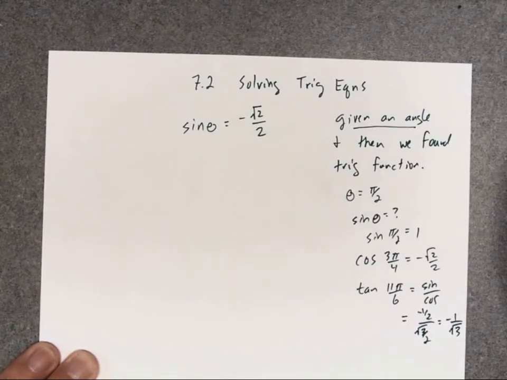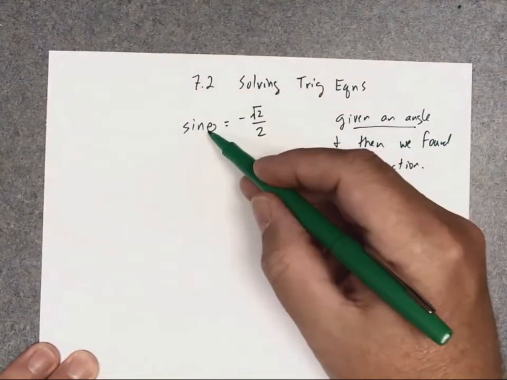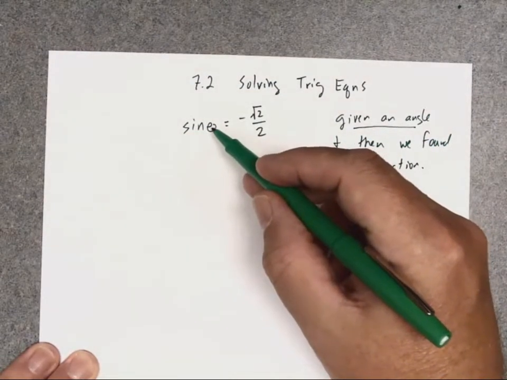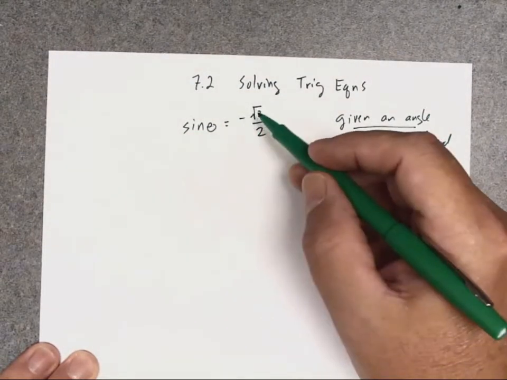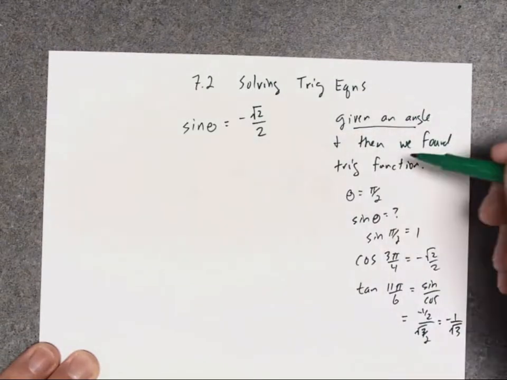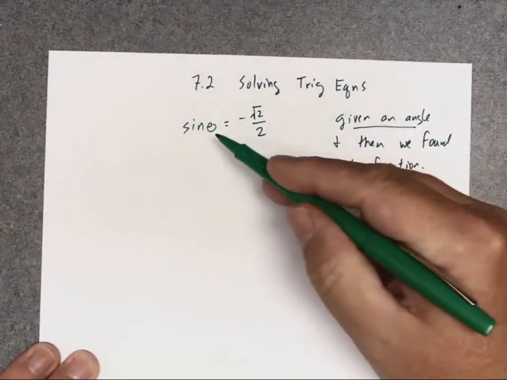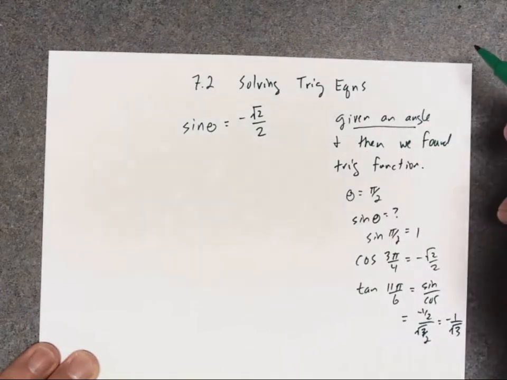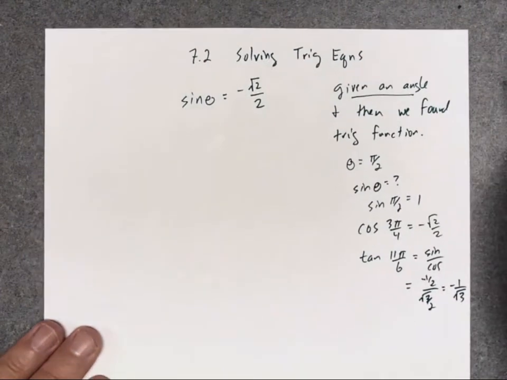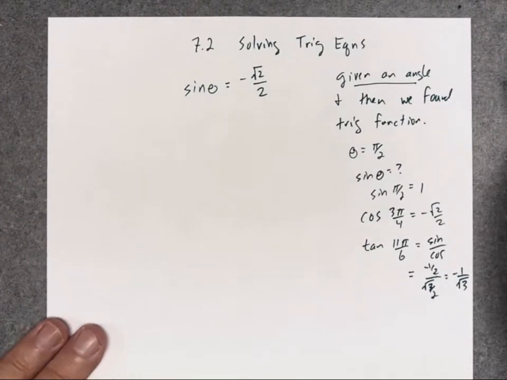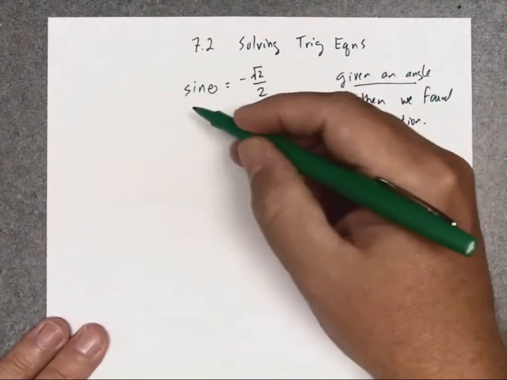Now we're sort of flipping that around, because look here. We're being asked to find the angle. Here we were given angles, now we're actually trying to find the angle. And that's basically what we're doing when we solve these trig equations. So now let me just list the rest of these.